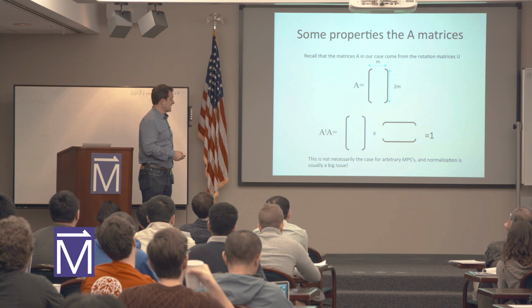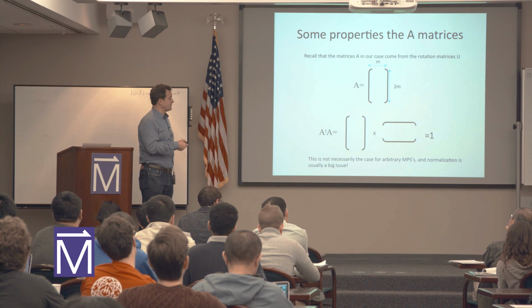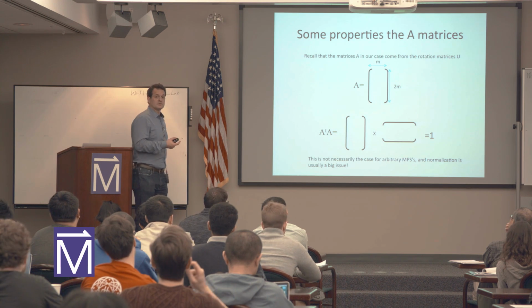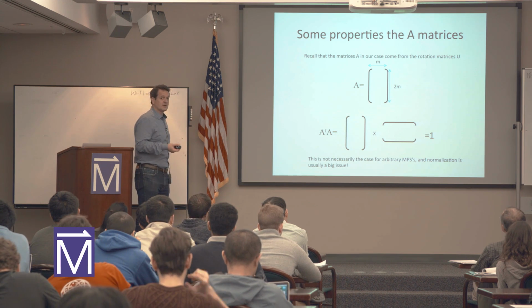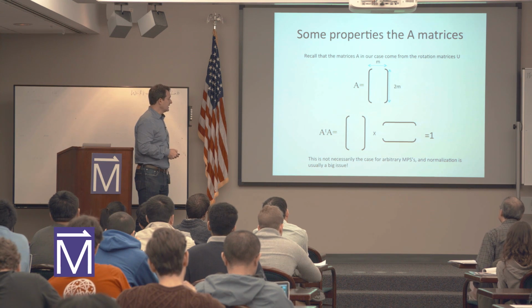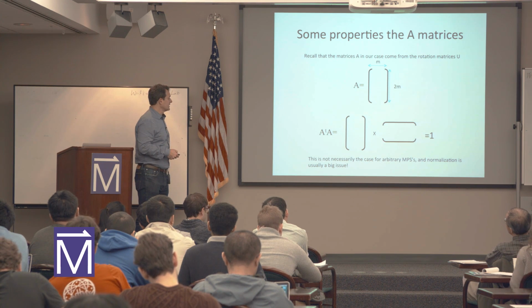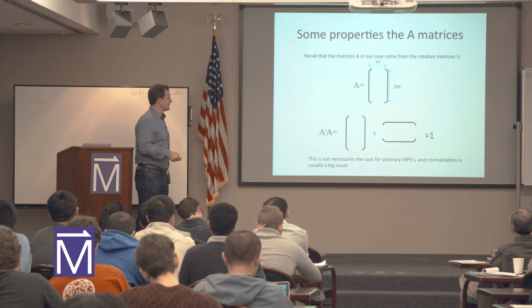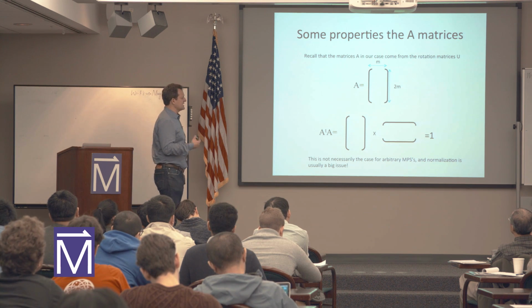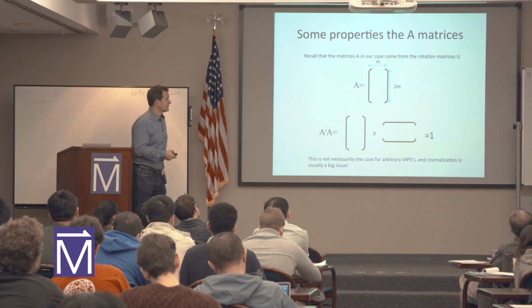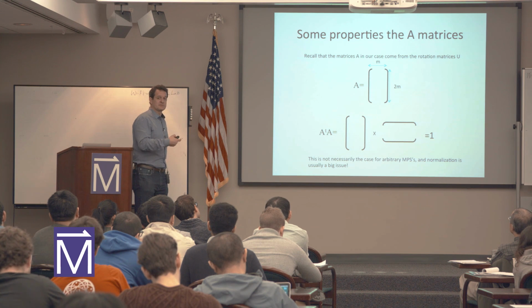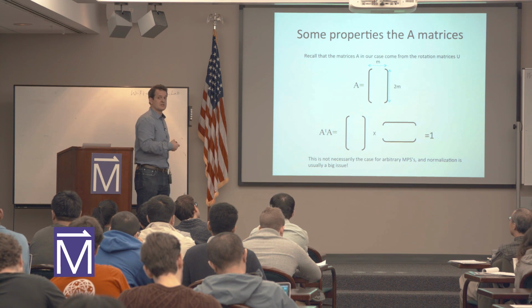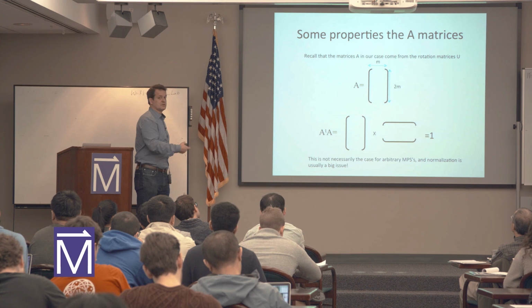So these A matrices, I remind you, are nothing else but the rotation matrices U that take you from one basis to another. So they are orthonormal. And you have to be careful because this is not the case for any matrix product state. This is the case for the DMRG matrix product state because it comes from all these block transformations.